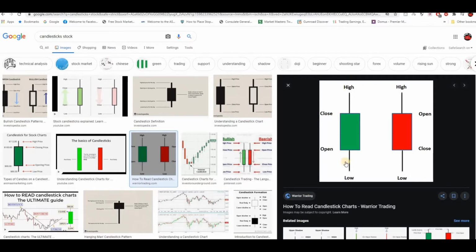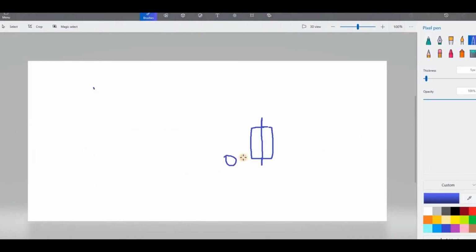It's basically a positive day. And then the red day is similar. The only difference is the open and the close. The open will be here, and the stock might go up a little bit, then close all the way down there. So this will be the close, and this will be the open, and then you might have a candle like that.